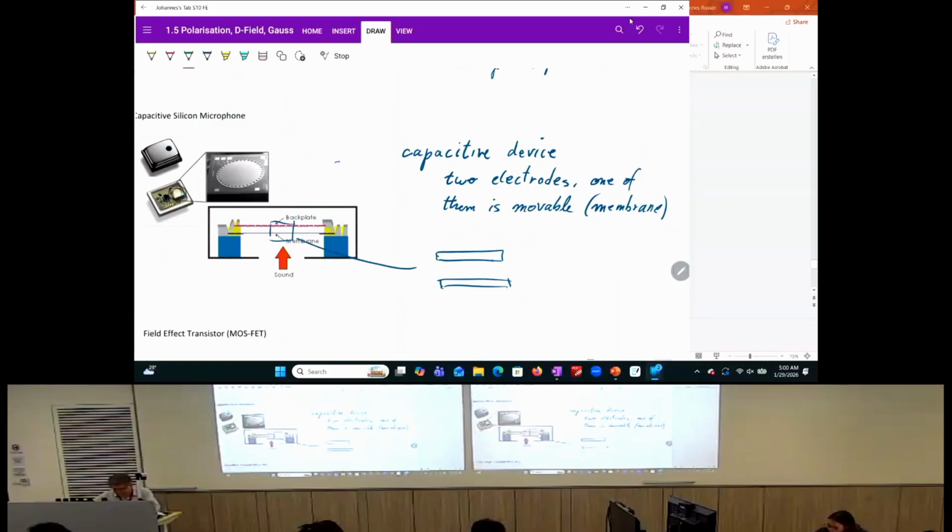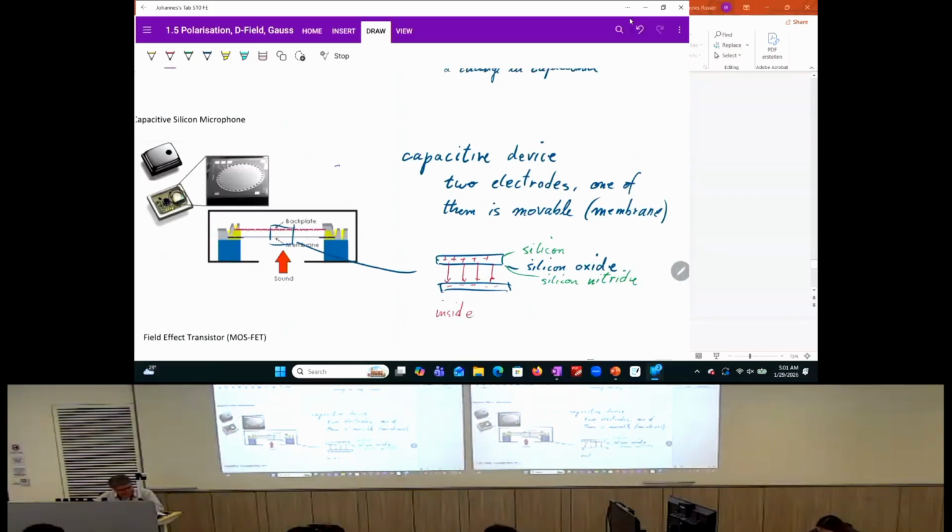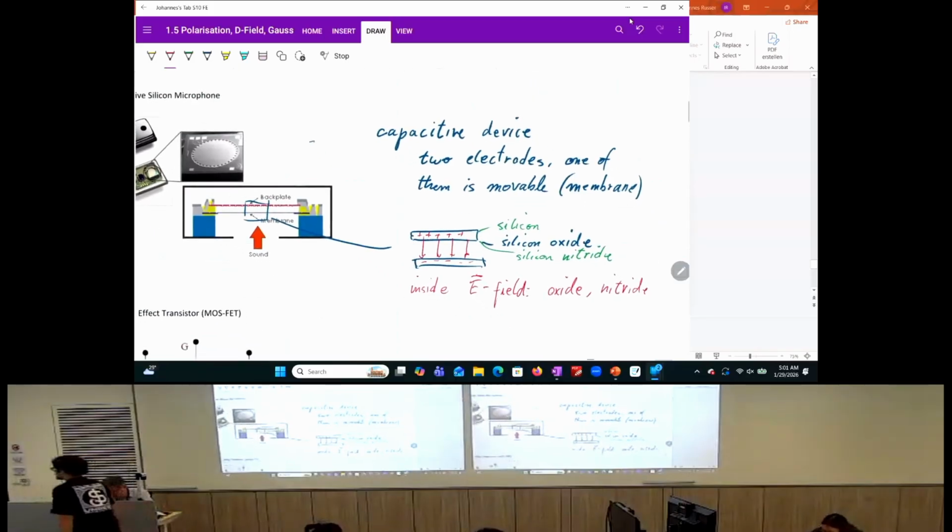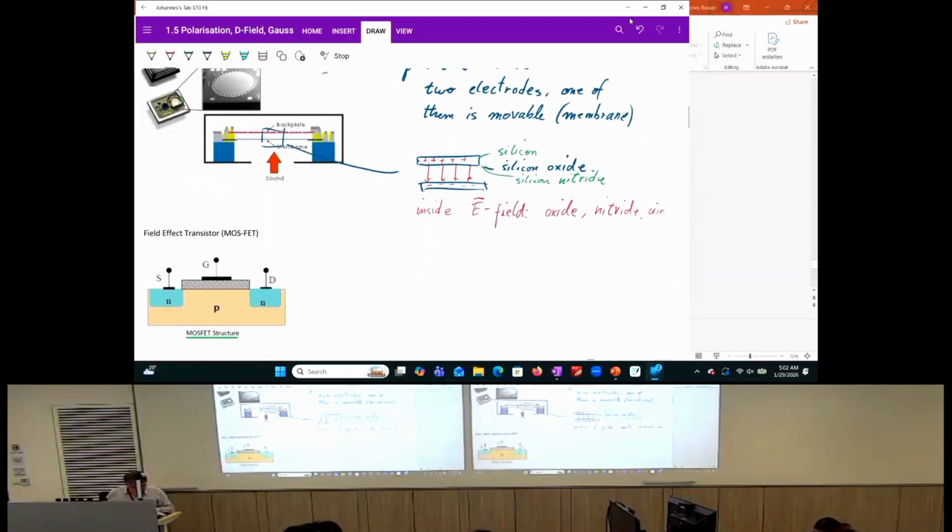You have here some silicon, then you have silicon oxide, and then some silicon nitride. So inside there's the E field, and you have on the one hand oxide, you have nitride, and you have air. So you have different materials to consider also.